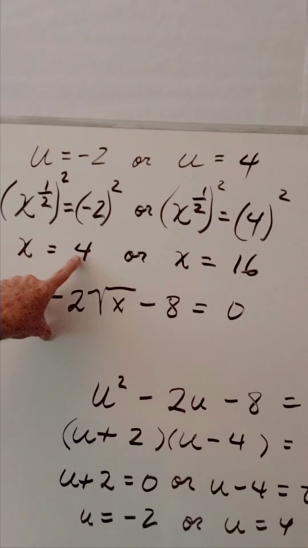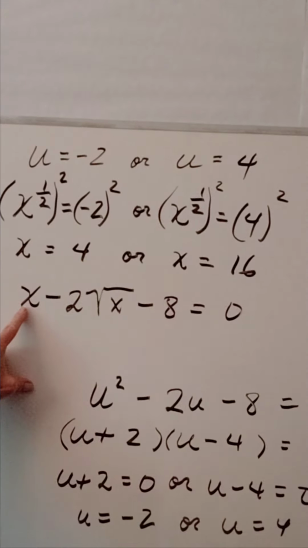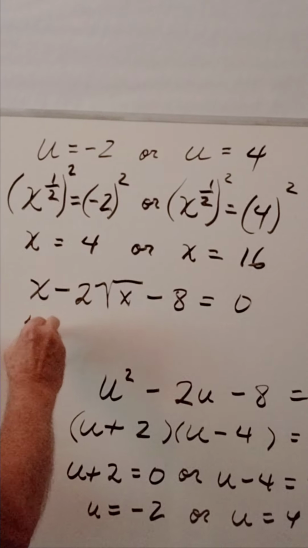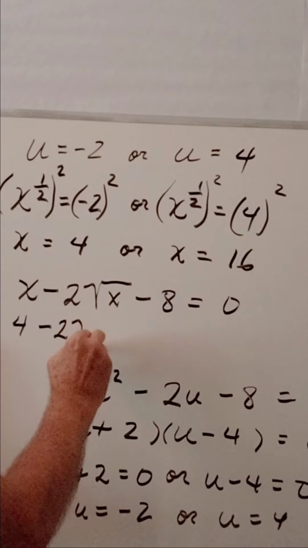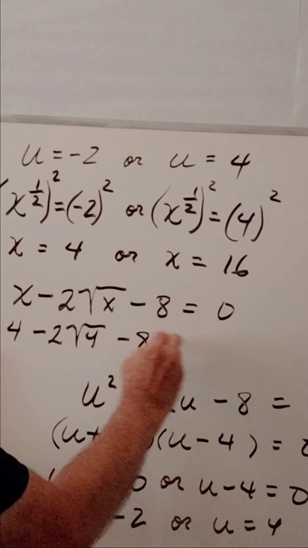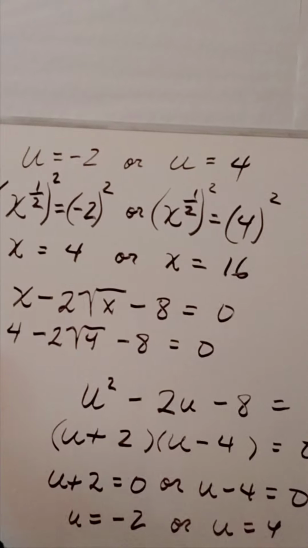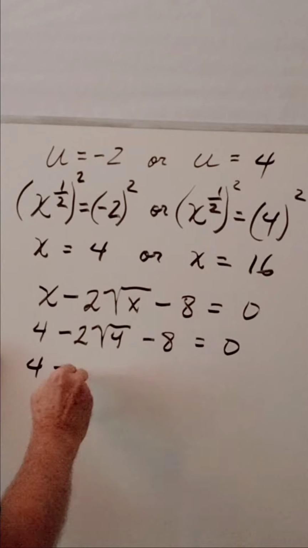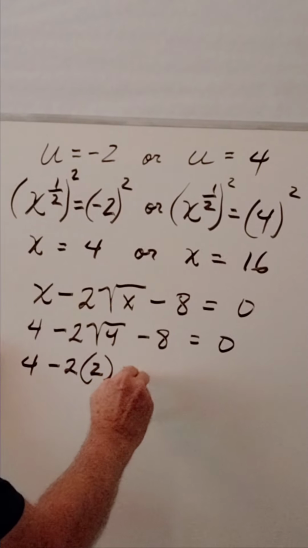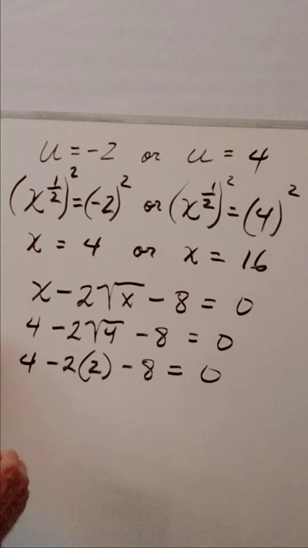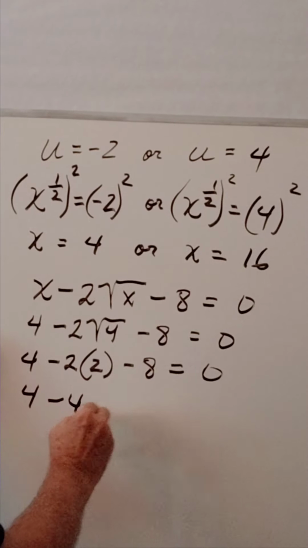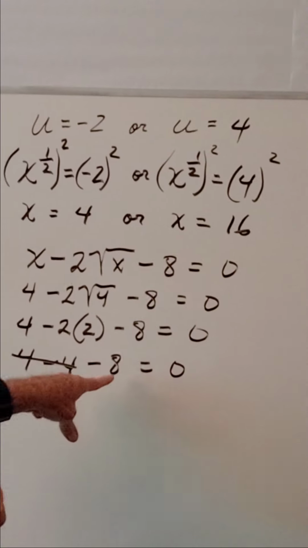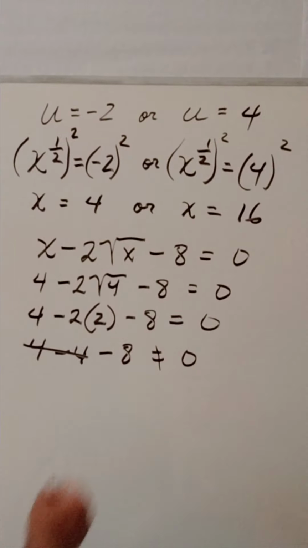If we take the supposed answer of 4 and substitute it here, let's see if it checks. 4 minus 2 root 4 minus 8 is equal to 0. 4 minus 2 times 2, minus 8 is equal to 0. 4 minus 4 minus 8 is equal to 0. The 4's cancel, then we can see that -8 does not equal 0.